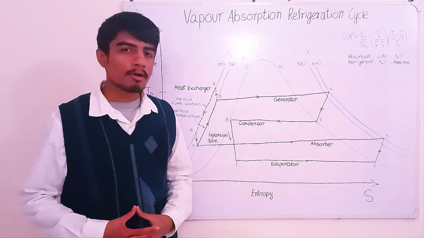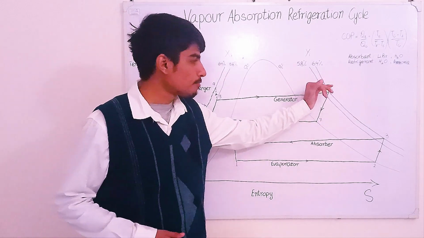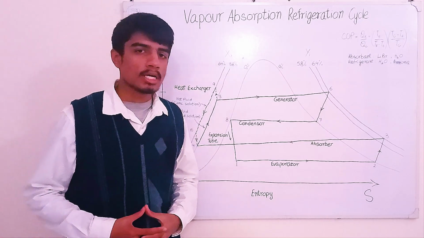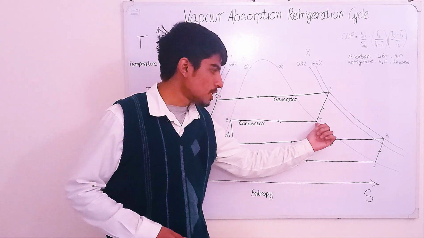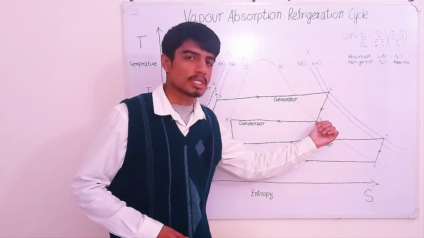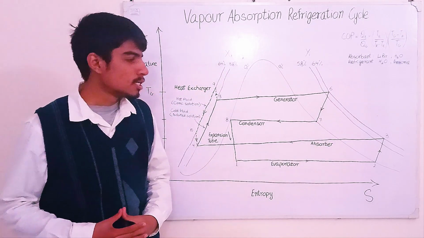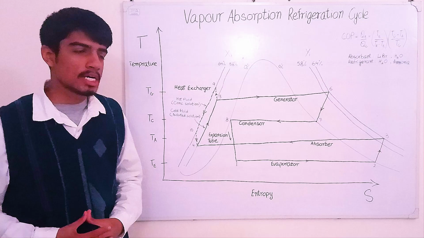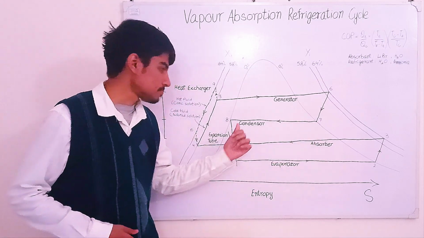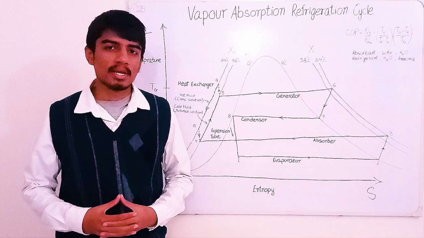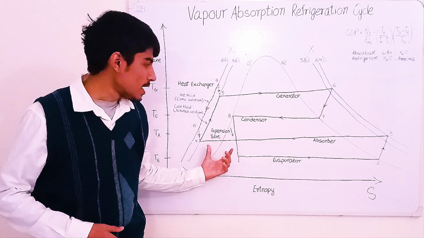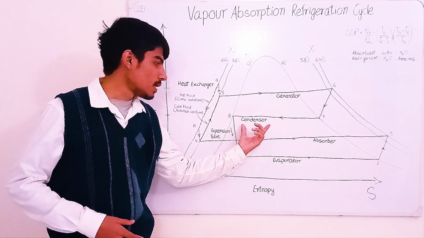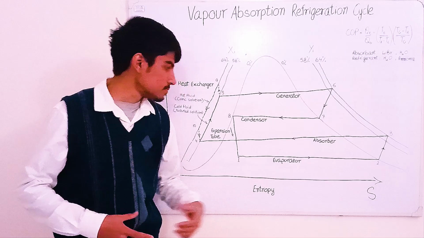Initially, at the inlet of the condenser, the temperature of the refrigerant decreases significantly. It keeps on decreasing until it reaches the saturated vapor state. After achieving the saturated vapor state, the temperature of the refrigerant remains constant inside the condenser. The expansion tube here acts as a restriction which maintains the pressure difference between the condenser and the evaporator.